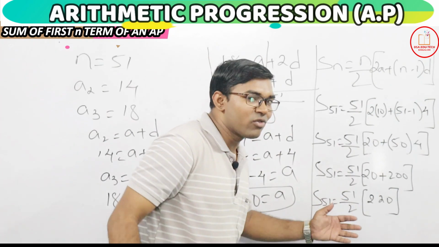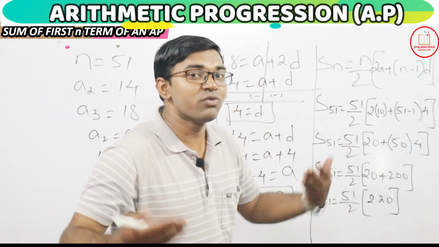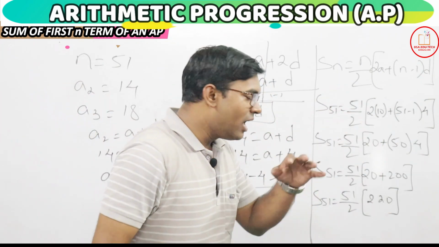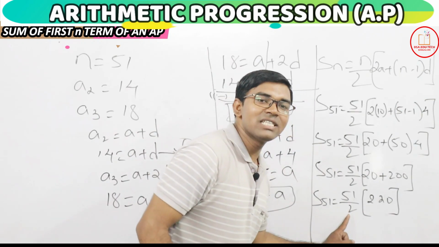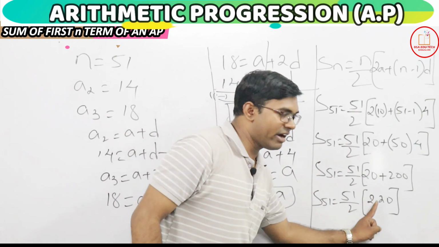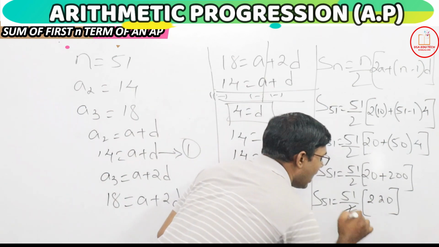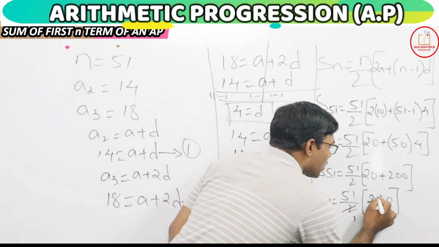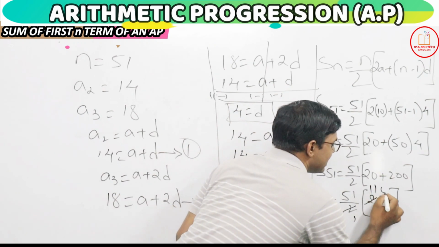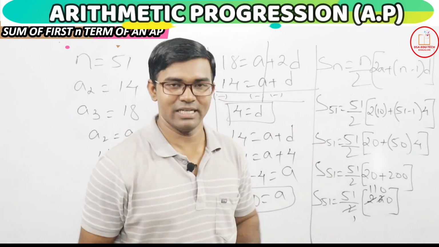Because we were not able to divide 51 by 2, we would have got a decimal number. Now we can use this 2 to divide this value. So we divide: 2 ones are 2, 2 ones are 2, and this 0 stays as it is, right?